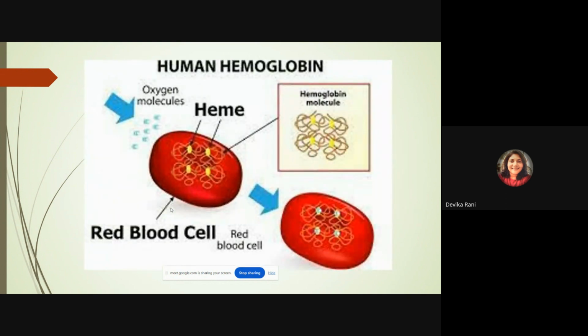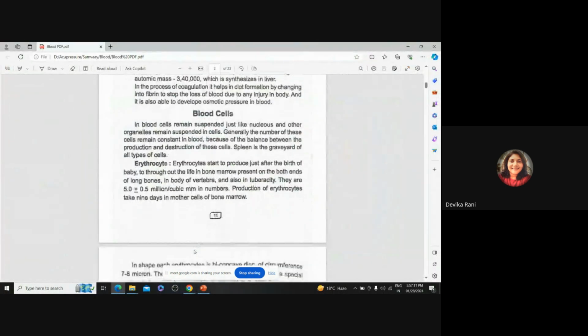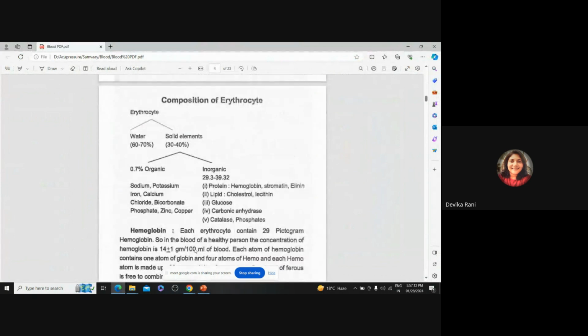Now, let's understand about hemoglobin a bit from the book first, then we'll come back here. First of all, let's understand the composition of an erythrocyte. An erythrocyte has 60 to 70% water. Water is present everywhere, in every cell.